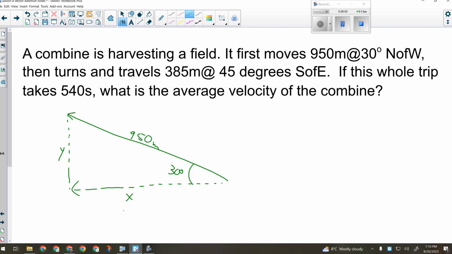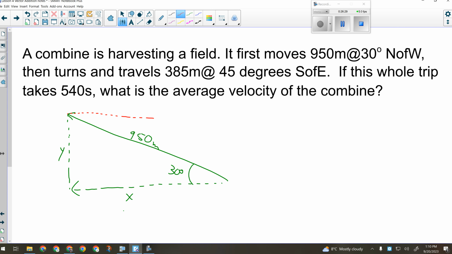Now, our next line goes from here, but it is south of east, 45 degrees. If I start drawing in this direction, this angle here would also be 30 degrees. Would you agree? By the law of similar triangles, if that's 30, this is 30, because this would be 60 here.